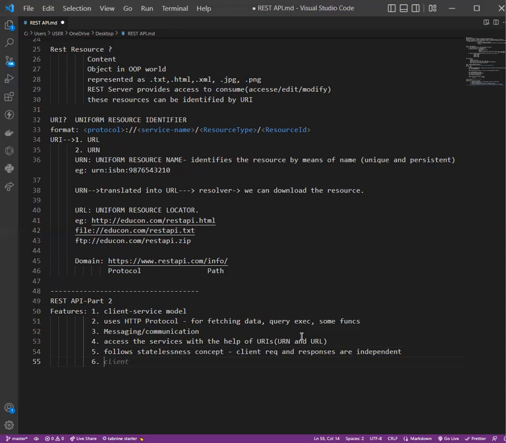Point six. These services also use the concept of caching. Why caching? This is for the same type of repeated requests.